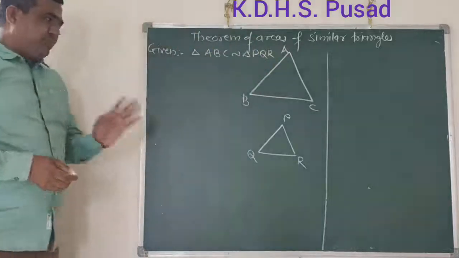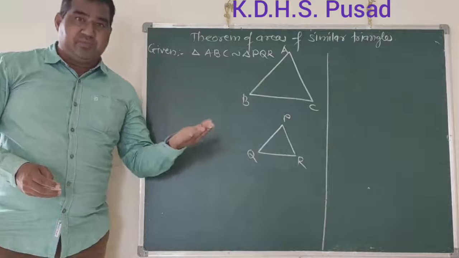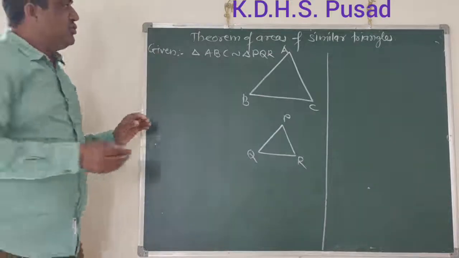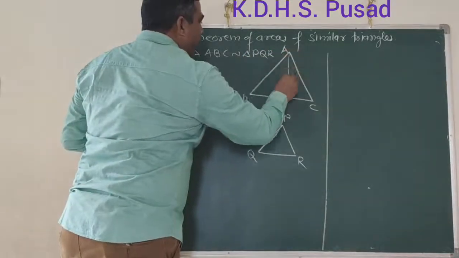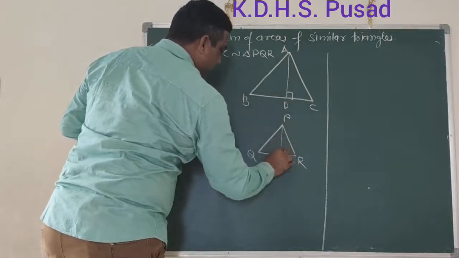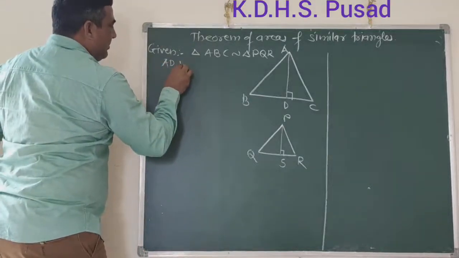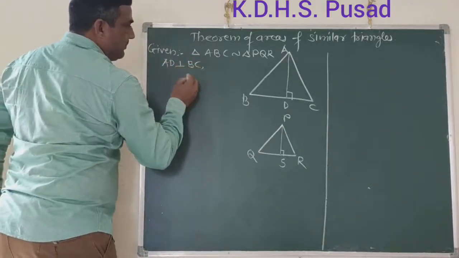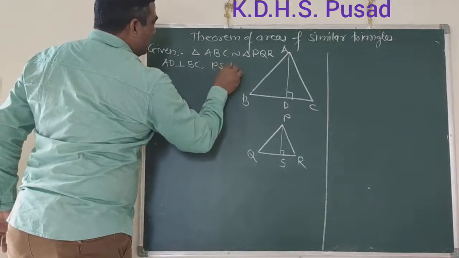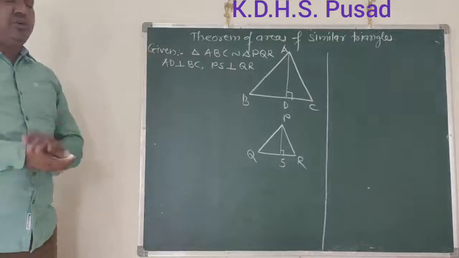That is given. Now we want the ratio of area, so for area we need base and height. So let's draw perpendiculars AD and PS. Here AD is perpendicular on BC and PS is perpendicular on QR. Okay, so this portion is given to you.